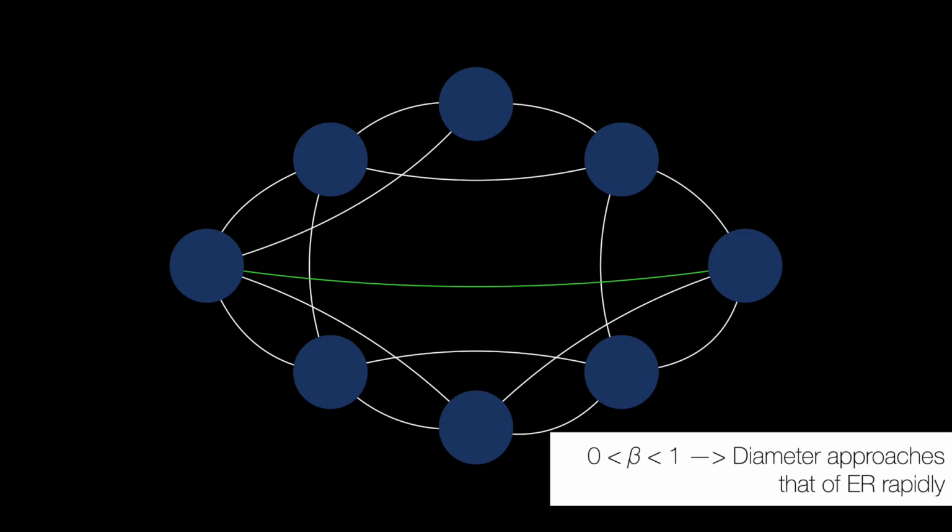But it turns out for the regime between 0 and 1, as you increase beta slowly, so you can have relatively low values of beta, the diameter of this graph approaches that of the Erdos-Renyi model very quickly, meaning that you get the ability to go from one side of the graph to the other very quickly with only a small number of rewired edges.